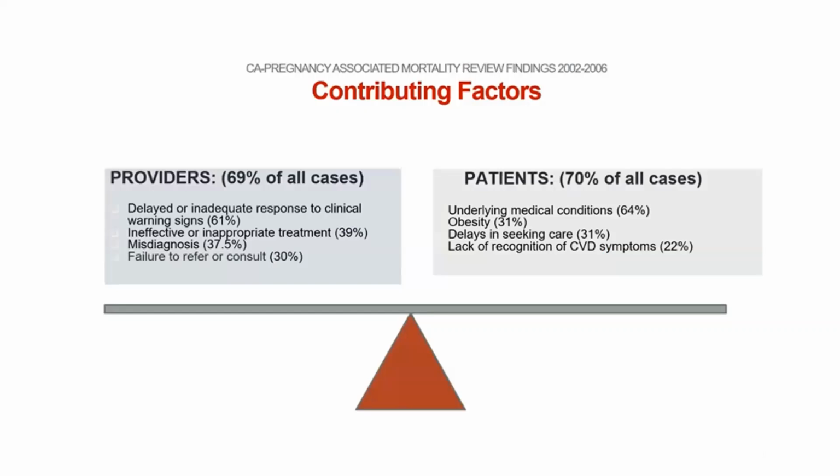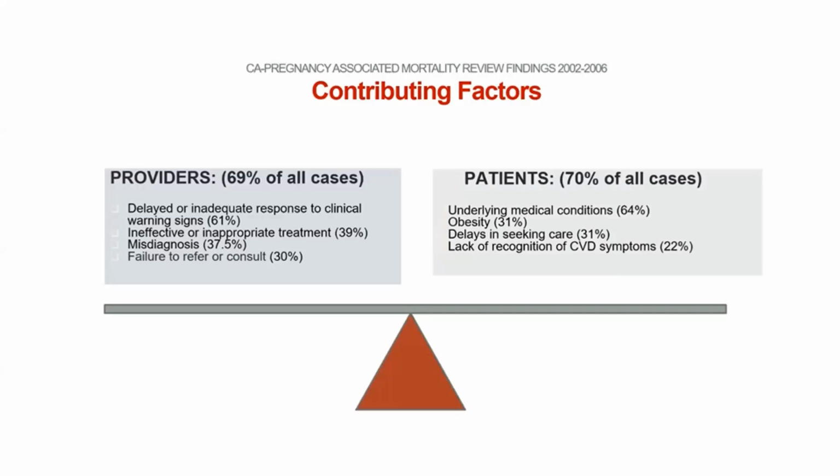So this is why we're here, right? This might seem kind of surprising, like why are there so many moms dying? We're a developed country, and why are we seeing such high rates? Well, related to cardiovascular disease, the California Maternal Quality Collaborative, the CMQCC, did a lot of research on this related to their reviews. And I thought this was pretty astounding, actually, that in the contributing factors of maternal death, the provider issues and patient issues were pretty equivalent.